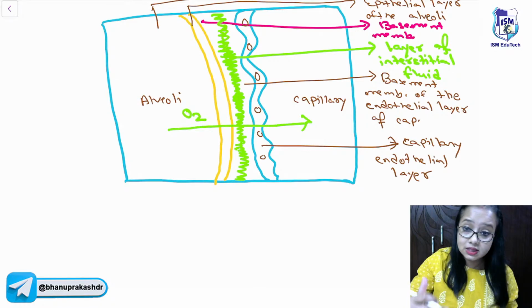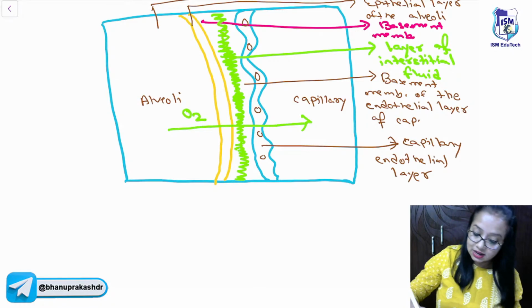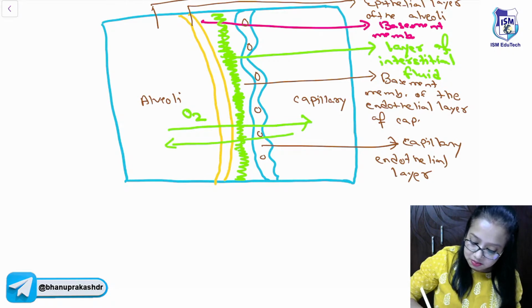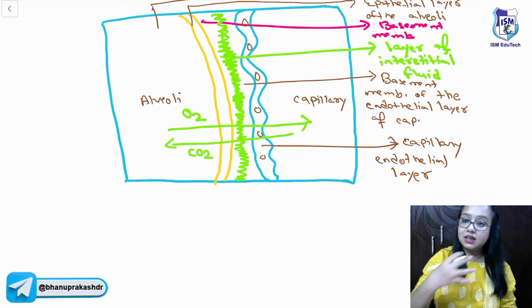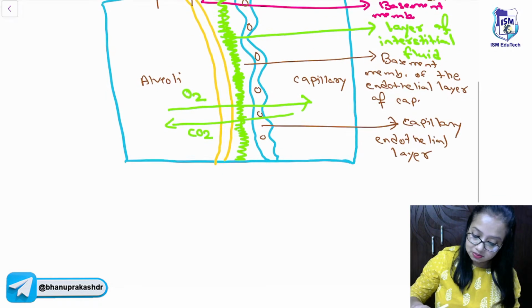And the carbon dioxide that has to be eliminated also moves across this respiratory membrane into the alveoli and is then expired out to the atmosphere. This is the respiratory membrane.